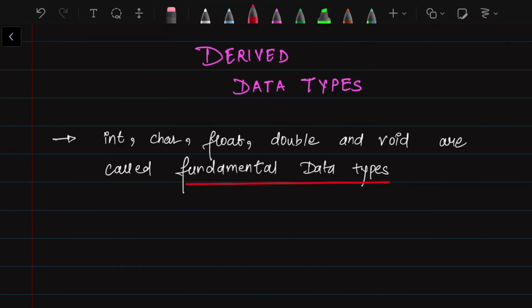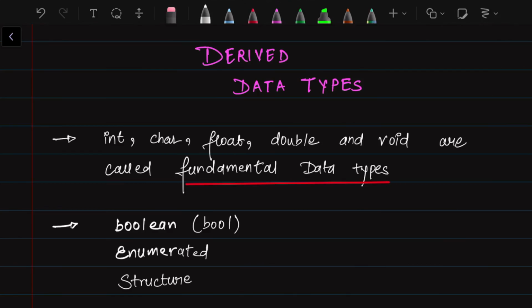We have enum, or enumerated, short form enum, and then we have struct, or structure, short form struct.